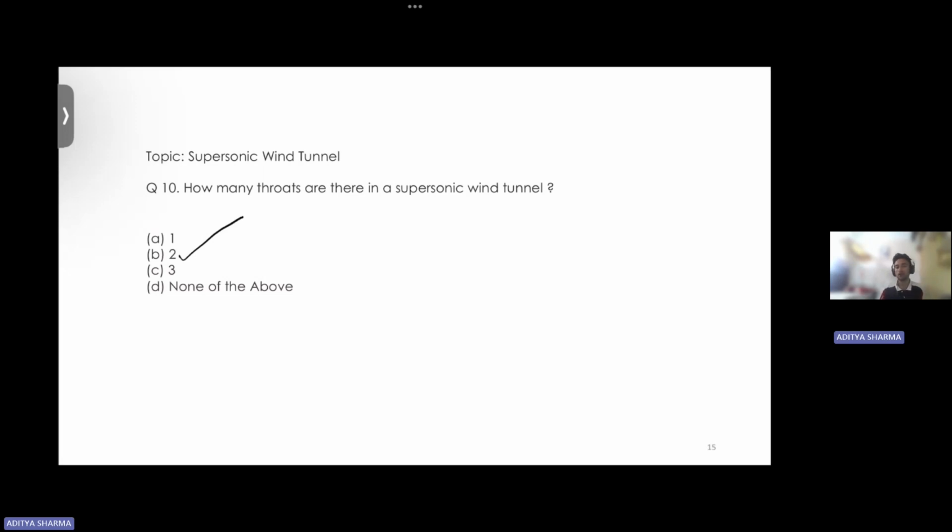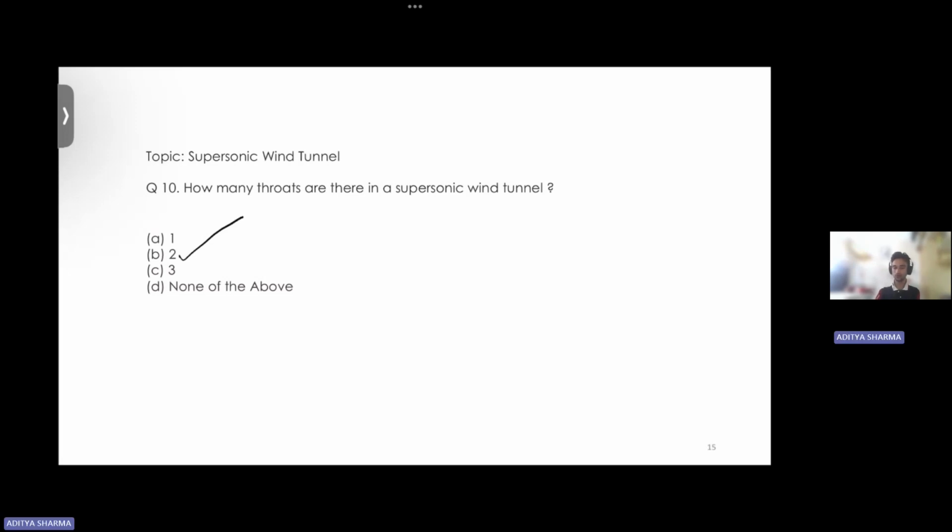One is of our supersonic nozzle, and the second one is of our supersonic diffuser, right? One is ahead of the test section and one is behind the test section, or after the test section, sorry.